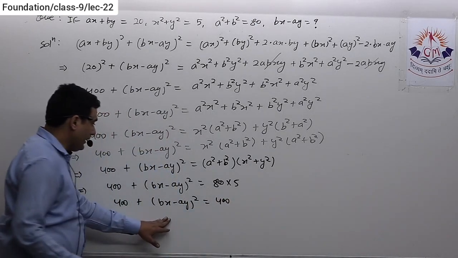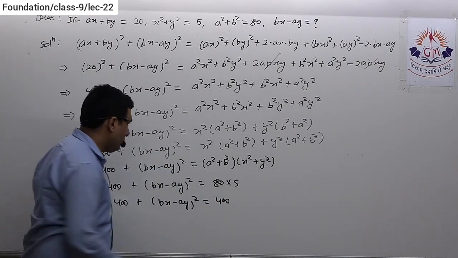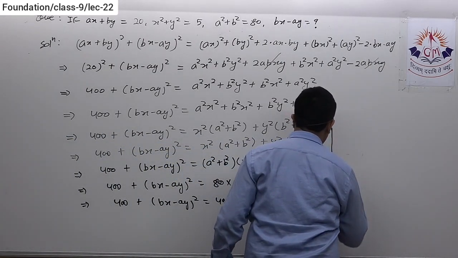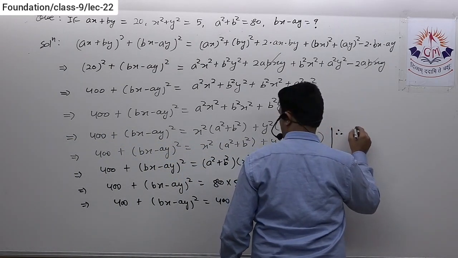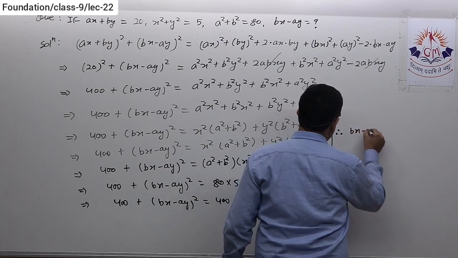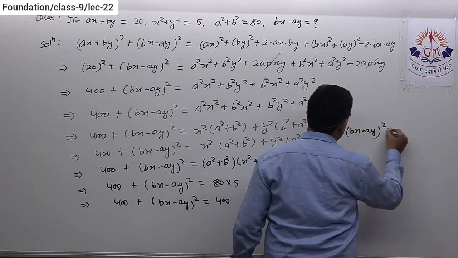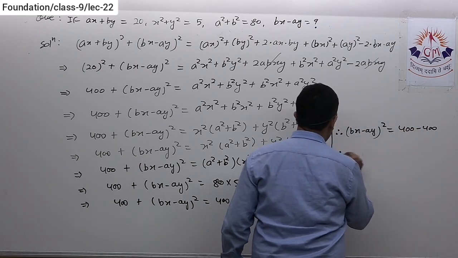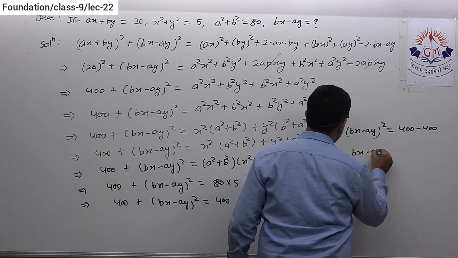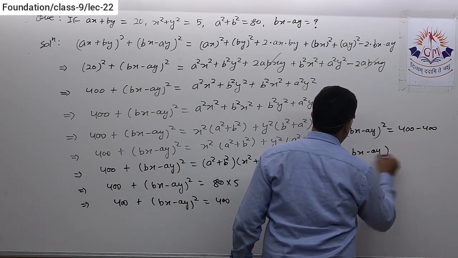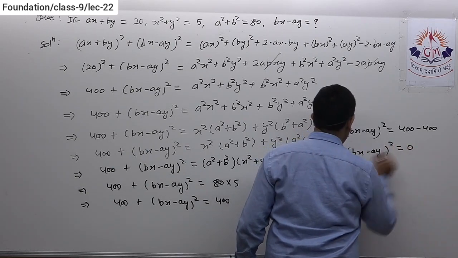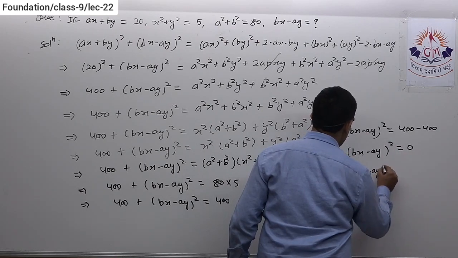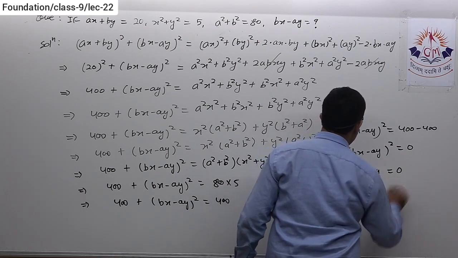Therefore (bx minus ay) whole square is equal to 400 minus 400, that is (bx minus ay) whole square is equal to 0, and hence I can say bx minus ay is equal to 0.